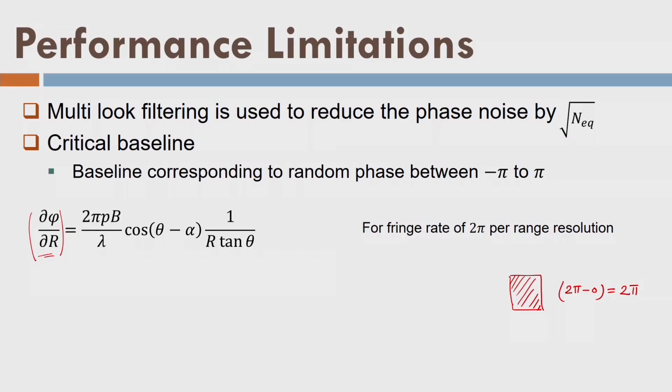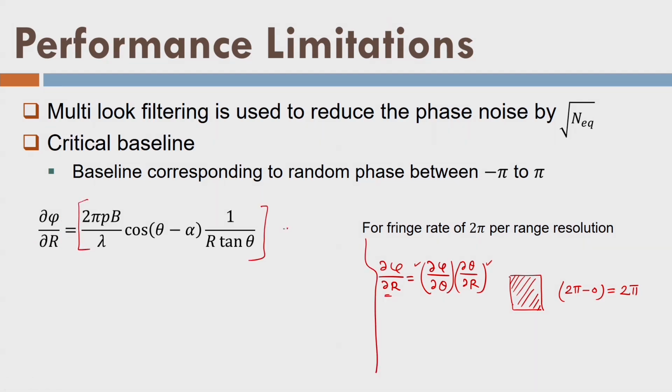So how can I write it? First of all, one should know that d psi by dr is d psi by d theta times d theta by dr. Now you put the values of these variables from the previous slides, you can differentiate it partially and then put it. Once you put it, you will get this value, and that is called the fringe rate.